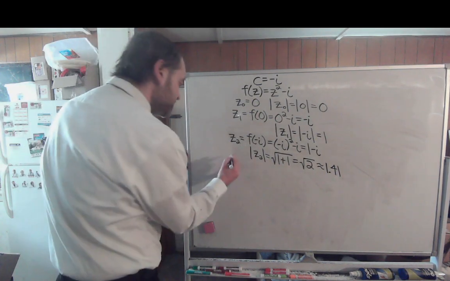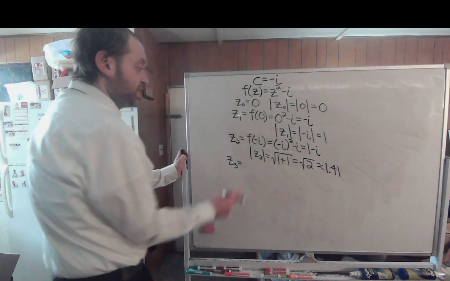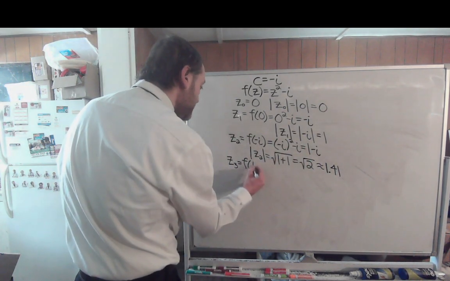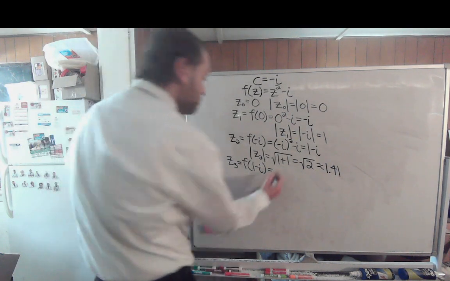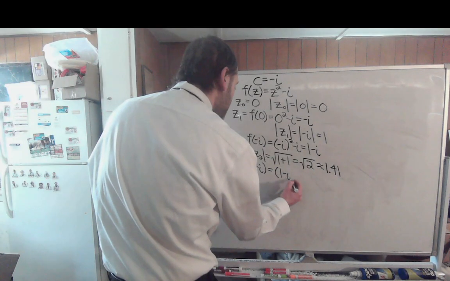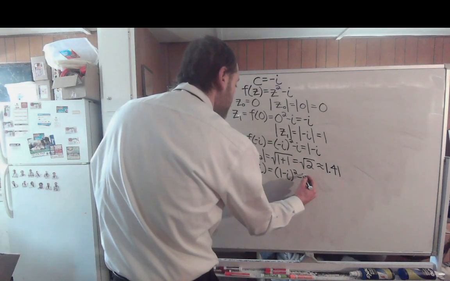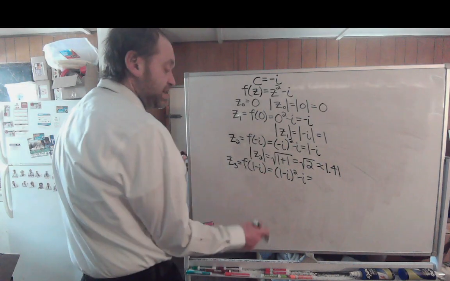Alright, now to find our z sub 3, we're going to take f of z sub 2, which would be f of that 1 minus i. So that's going to equal, of course, our 1 minus i raised to the second power minus i. So what is 1 minus i to the second power?